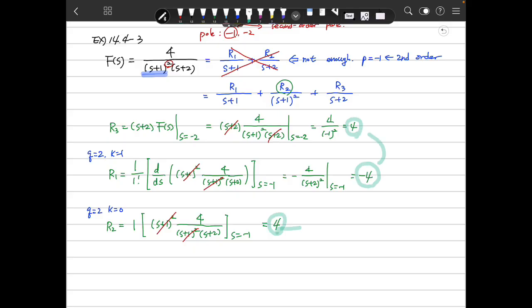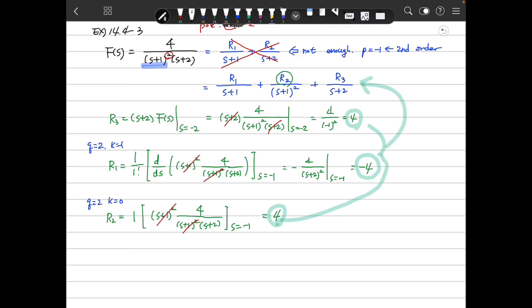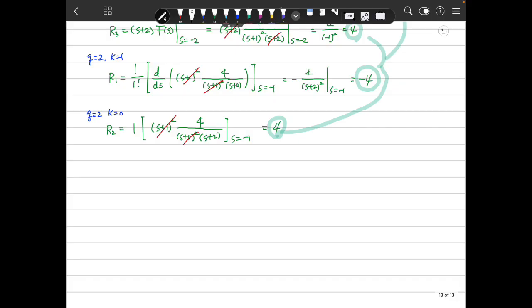So we apply that here. Then F(s) rewritten is minus 4 over (s plus 1), plus 4 over (s plus 1) squared, and plus 4 over (s plus 2). This is the complete partial expansion.